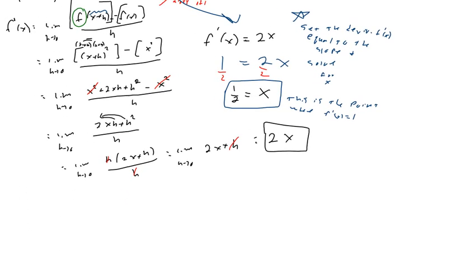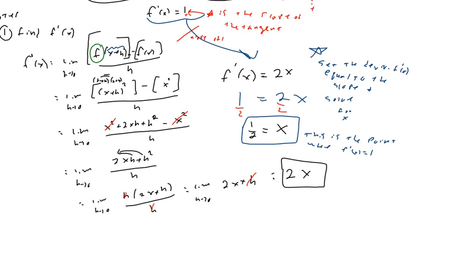So you found the x coordinate by solving for the derivative equation. Take that derivative equation, set it equal to the slope that you want, and then solve for x. Okay.